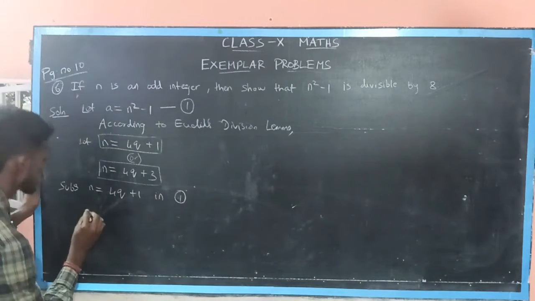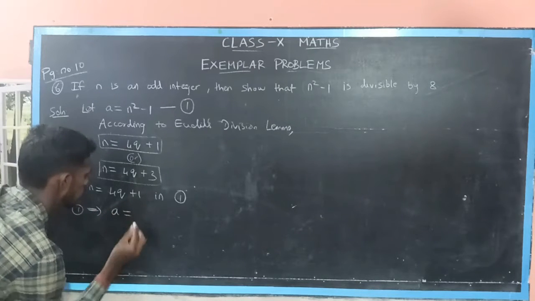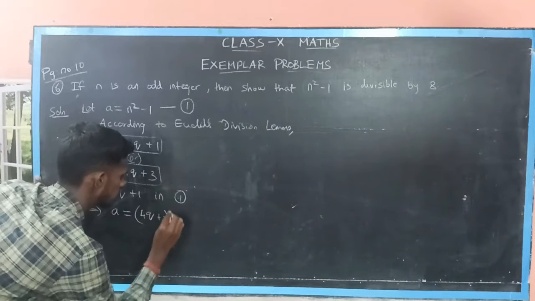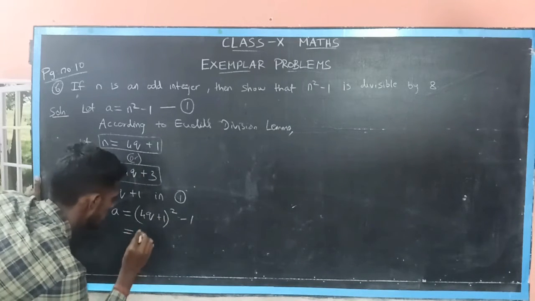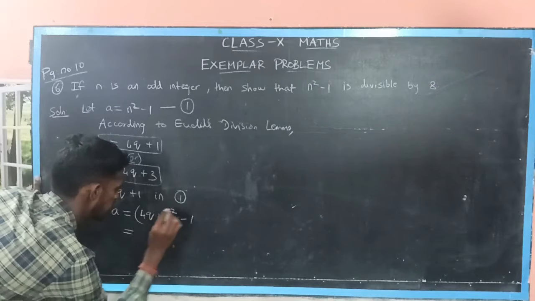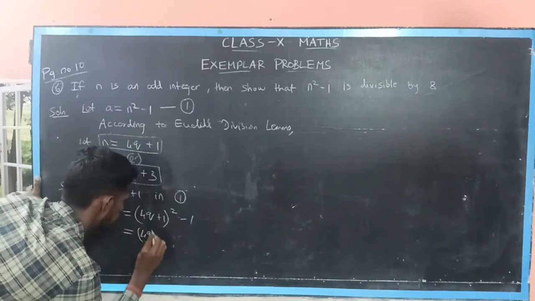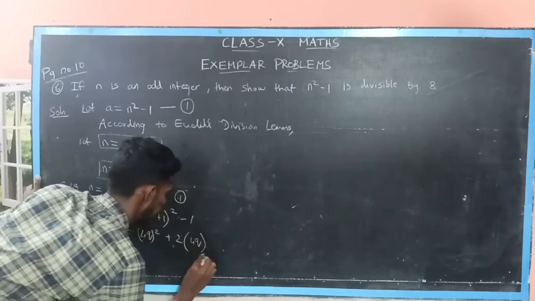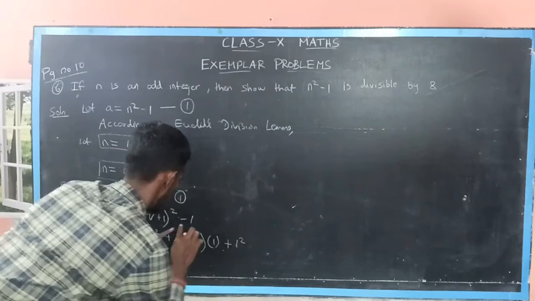Okay. The equation 1 becomes a is equal to, n is 4q plus 1, so 4q plus 1 the whole square minus 1. So it is nothing but a plus b the whole square. So I am expanding this. I will get 4q the whole square plus 2 into 4q into 1 plus b square is 1 square, then minus 1.